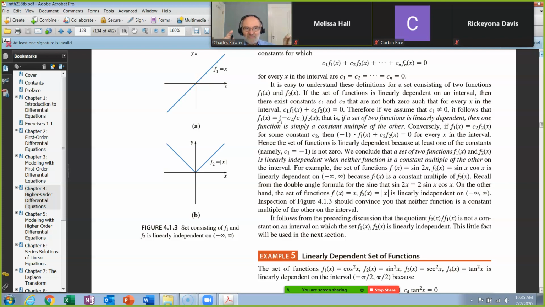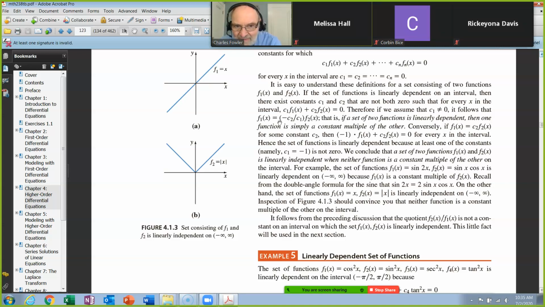Conversely, if f1 of x is equal to c2 f2 of x for some constant c2, then minus 1 f1 plus c2 f2 equals 0 for every x in the interval. So therefore, if one is a constant multiple of the other, then they're going to be dependent.